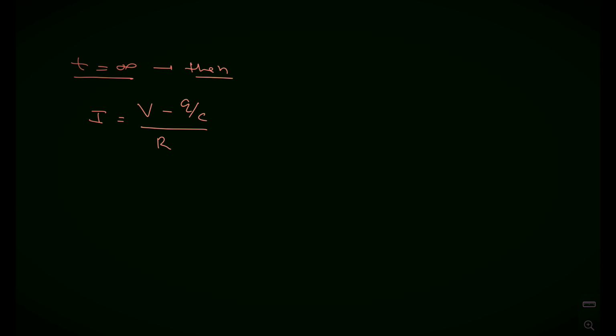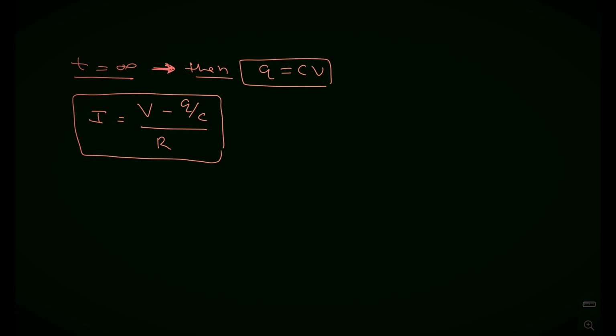When t becomes infinite, then Q becomes CV. Put the Q value in this equation. Then we get I equal to (V minus CV upon C) upon R.